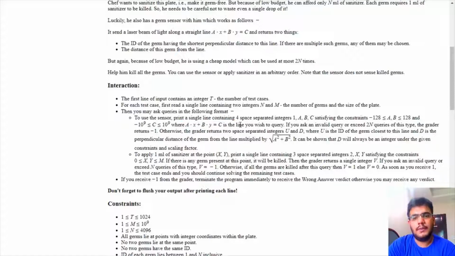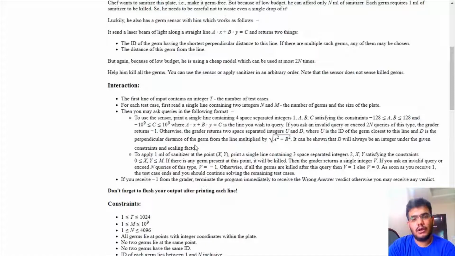Now, out of the remaining germs which are not killed yet, the grader will consider all of them, and that germ which has the minimum perpendicular distance from this line, that germ's ID will be reported, and also the distance, which is the minimum perpendicular distance of that germ multiplied by the term square root of a squared plus b squared, will be given as the output. So for the first query we have two outputs: the ID as well as the minimum perpendicular distance multiplied by this particular term.